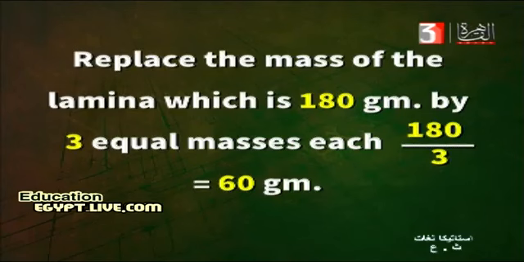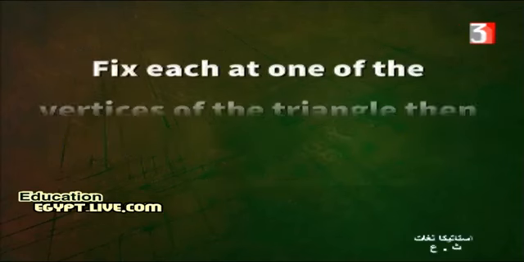We replace the mass by 3 equal masses, each of them 180 divided by 3, which is 60 gram. My dear student, we replace the mass of the lamina, which is 180 gram, by 3 equal masses, each of them 60 gram.